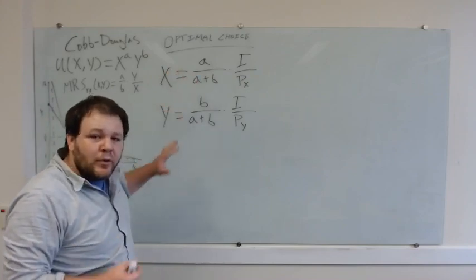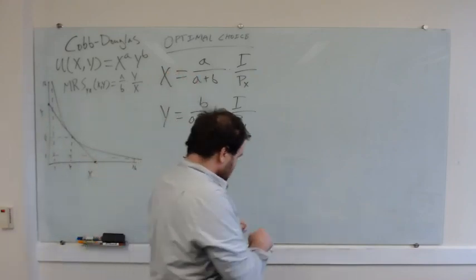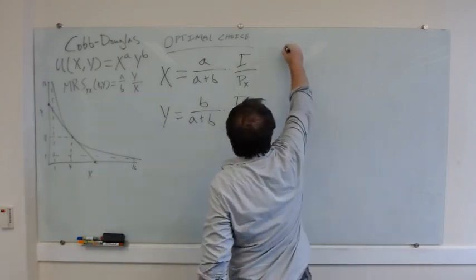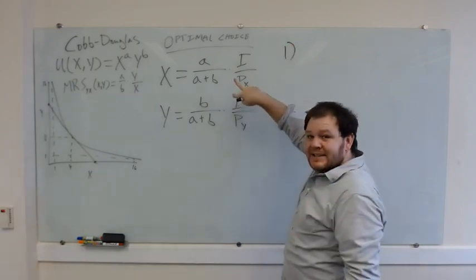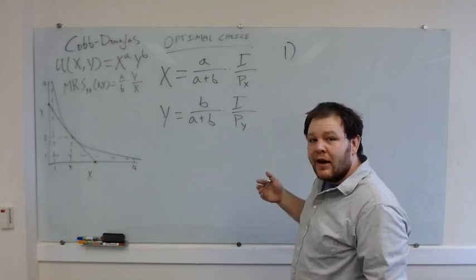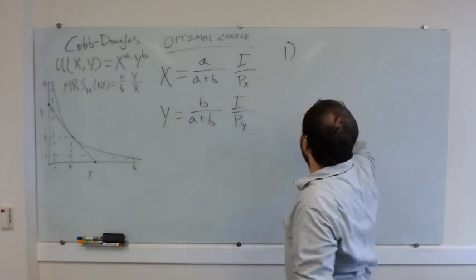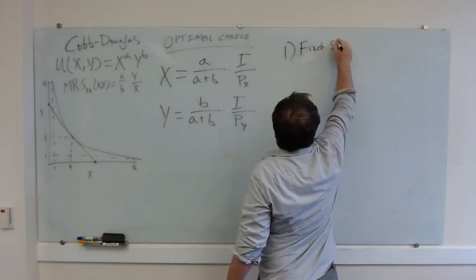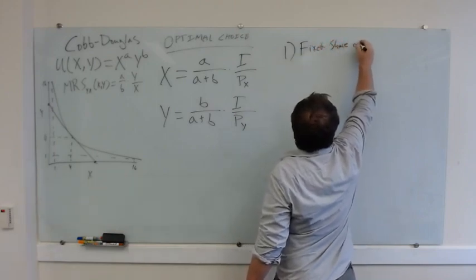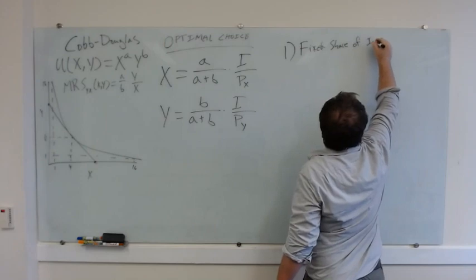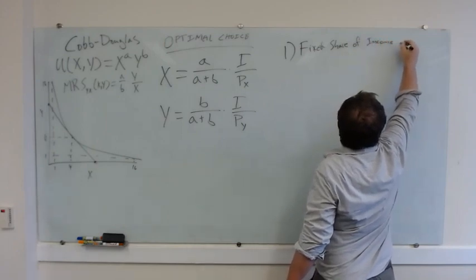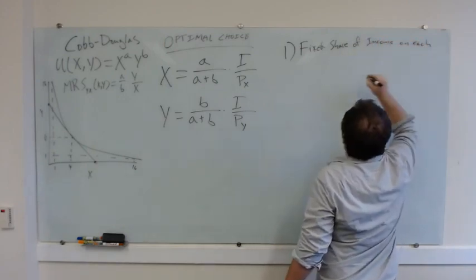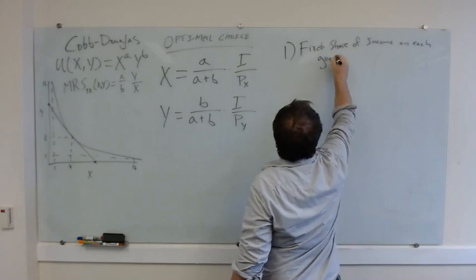Well, there's a couple things I want you to notice. So the first thing is, this solution implies that we're spending a fixed share of our income on each good, on goods X and Y. What do I mean by that?